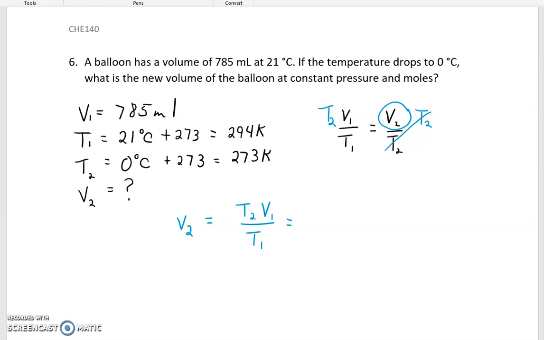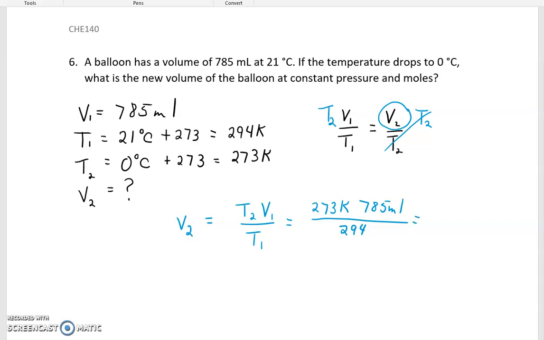And then we've got our chart here. We can just fill in. T2 is 273 Kelvin. V1 was 785 milliliters. And we can divide by 294, which was the T1.